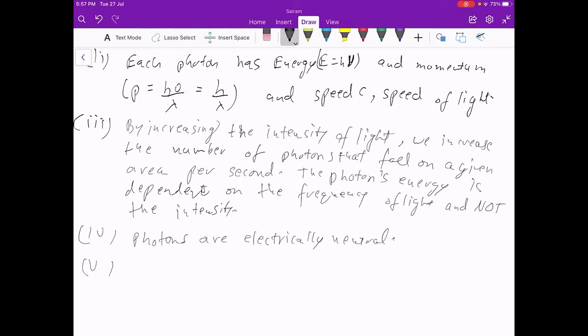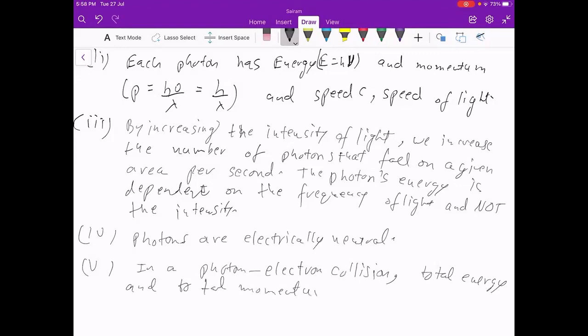In a photon-electron collision, total energy and total momentum are conserved. So essentially, conservation of energy and momentum are applied while the photon and electron are colliding. Is this all clear to you? I mean, you can read it again.